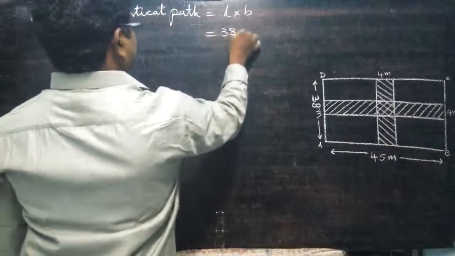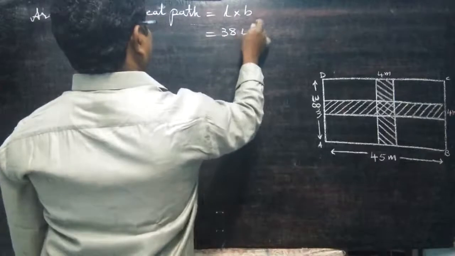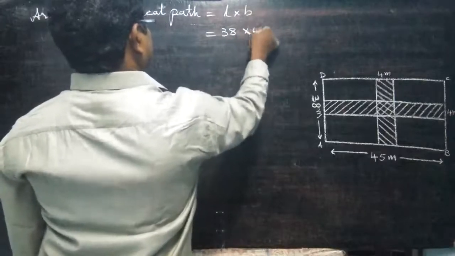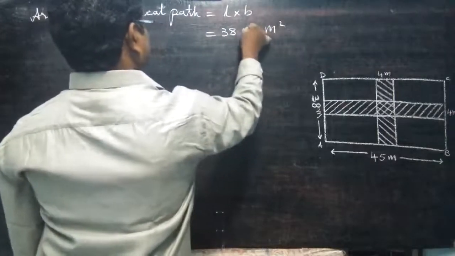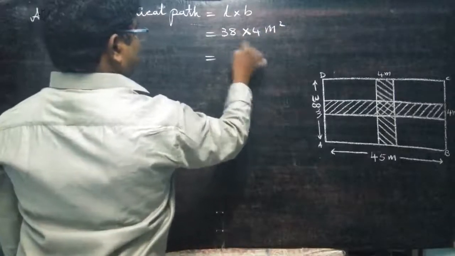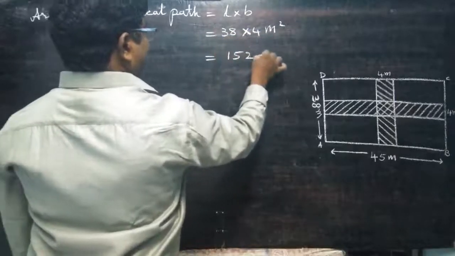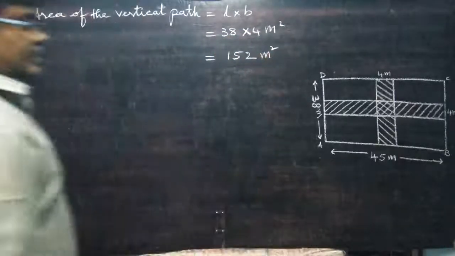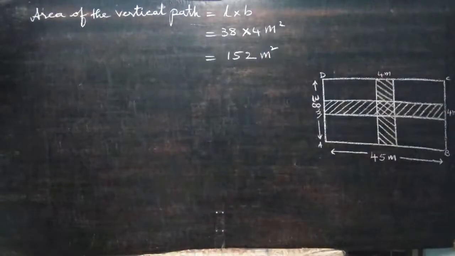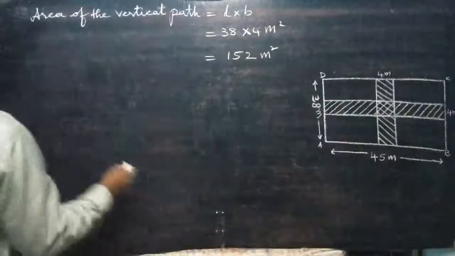Length is 38 meters and width is same, 4. 38 into 4 meters square. 4 8s are 32, 3 remaining, 12, 13, 14, 15. 152 meters square. Now we got area of two paths. Horizontal we got, vertical also we got.